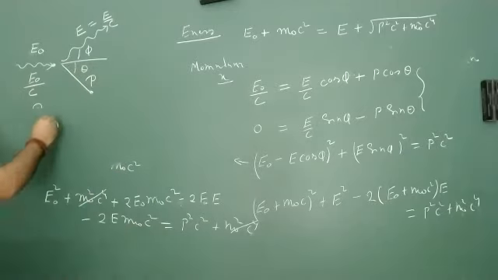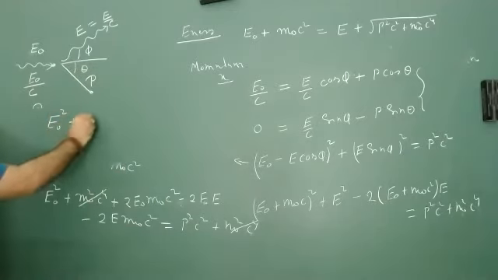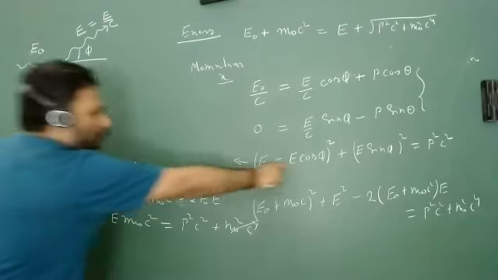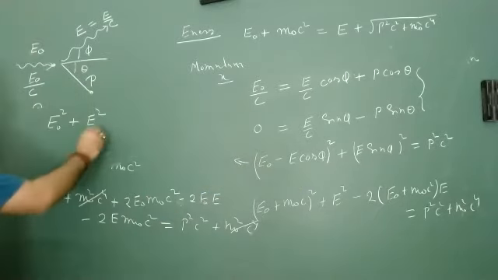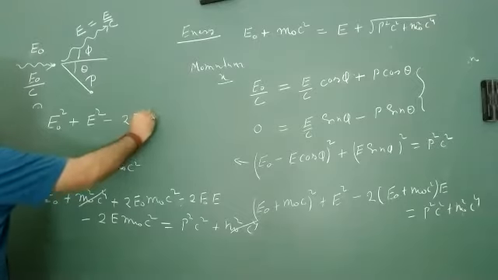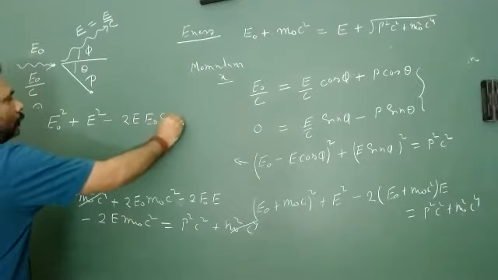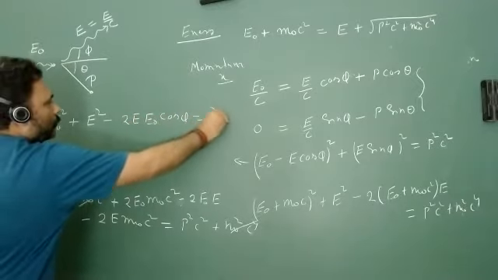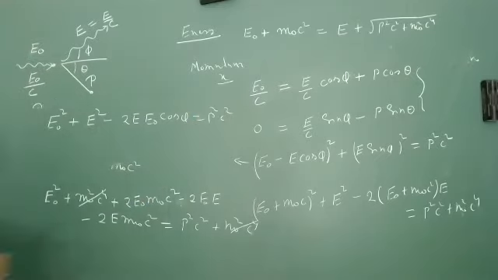So this part will be E naught square plus E square, because cos square phi plus sin square phi is E square, minus 2 E naught cos phi is equal to P square C square. So most of the things will cancel out if you are equating P square C square on both sides. So this will cancel out, and E square must also be there.